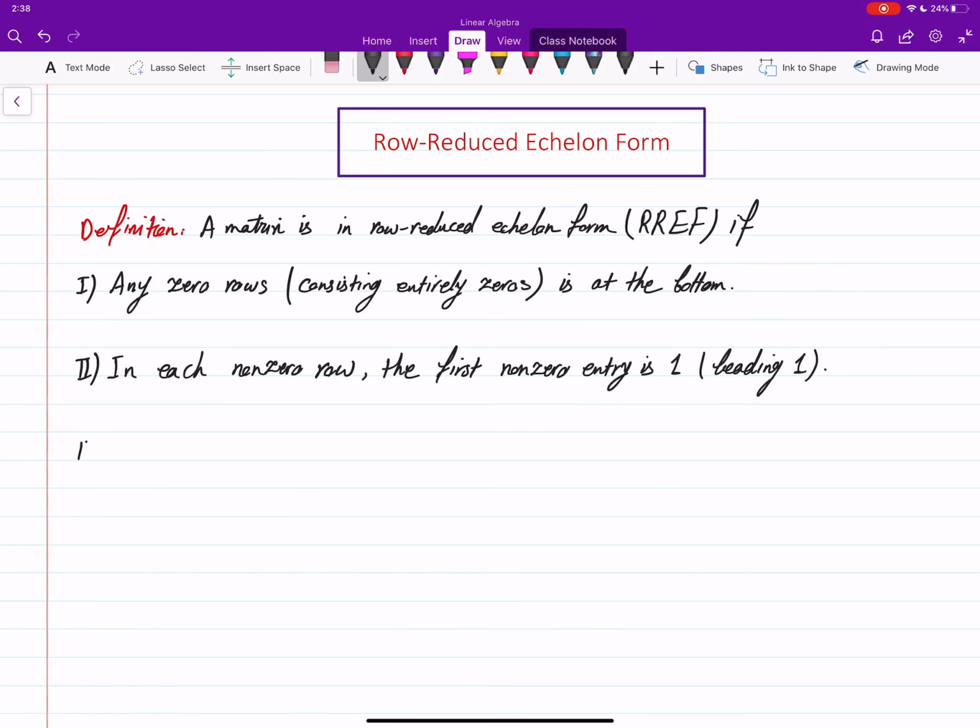And if a column has a leading one of some row, then every other entry in that column must be 0.